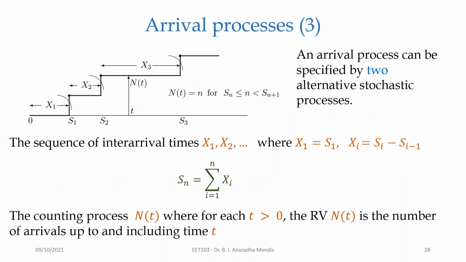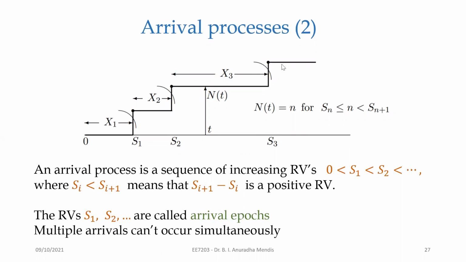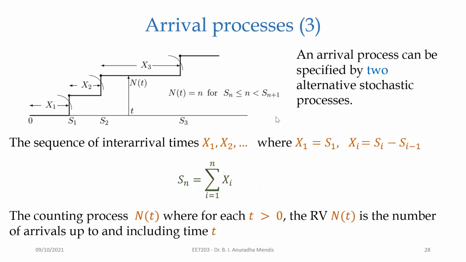Now, what are the two processes inside this arrival process? One is this N(t). N(t) is the number of arrivals up to and including time t. So N(t) is always an increasing random variable. The other random variable is the interarrival time, X1, X2, X3, so that X1 equals S1, X2 equals S2 minus S1, something like that.